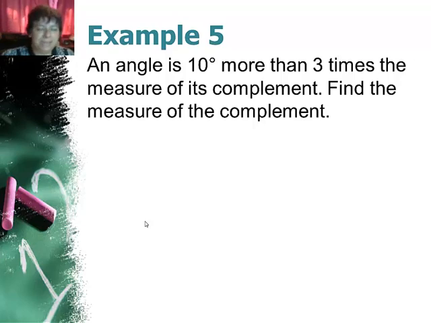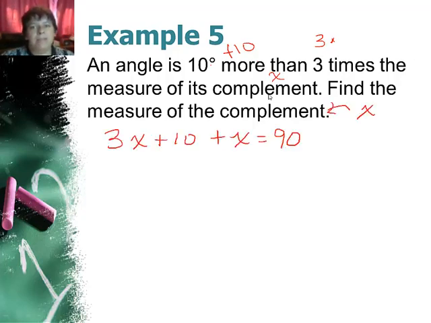Last but not least, example 5. An angle is 10 more than 3 times the measure of its complement. So I have to add 10, right, because 10 more, and I have to multiply by 3, all right? So then 3 times, and I'm going to call this x. We're calling the complement x. So find the measure of its complement. Complement means it adds up to 90 degrees.